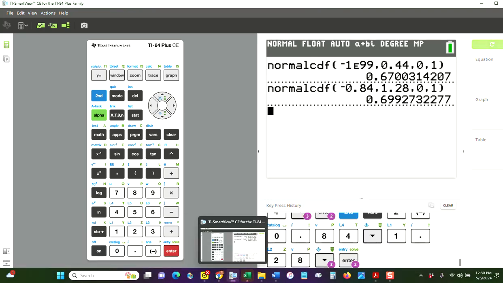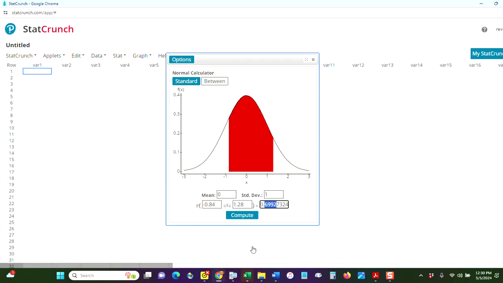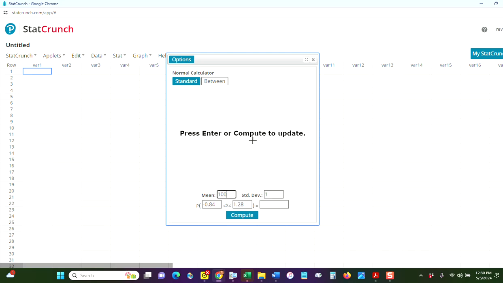So moving back to StatCrunch, if I wanted to find the probability that someone has an IQ between, let's say, 91 and 113, again, let's go with the non-standard normal distribution, mean value of 100 and standard deviation of 15.